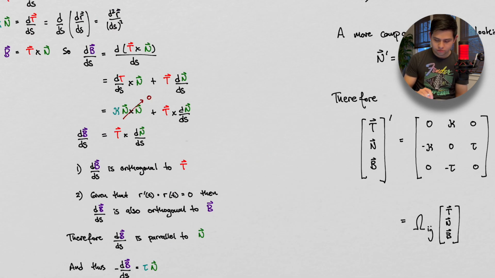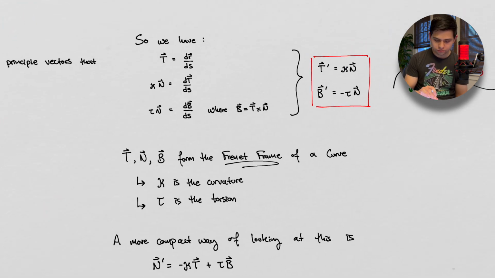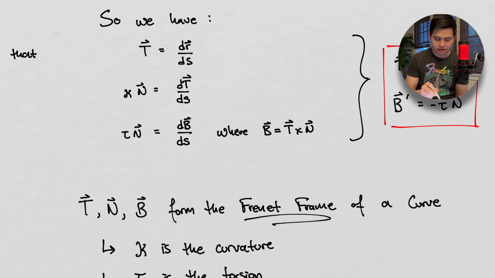So we have now that T is dr/ds, the tangent vector, kappa N is dT/ds, and tau N is dB/ds.